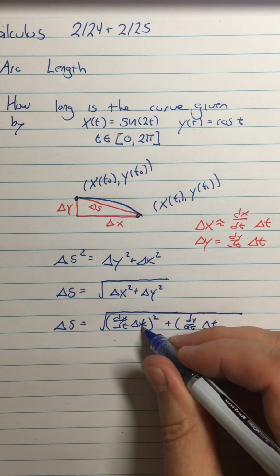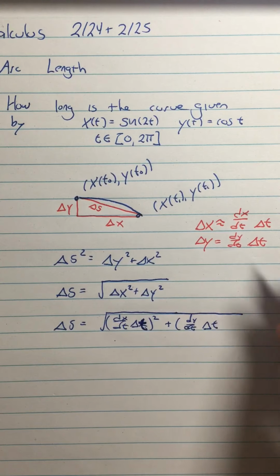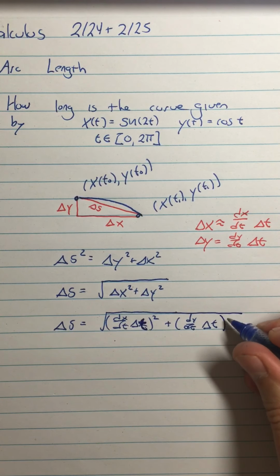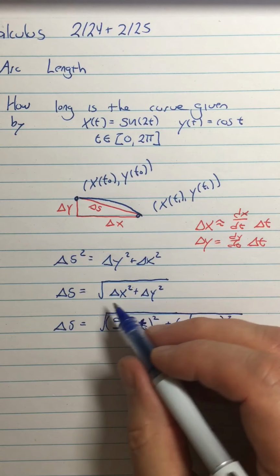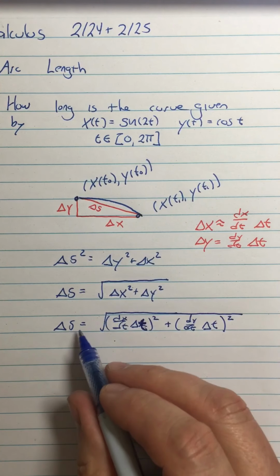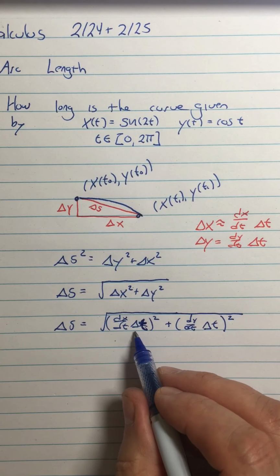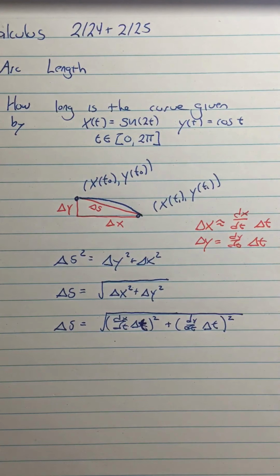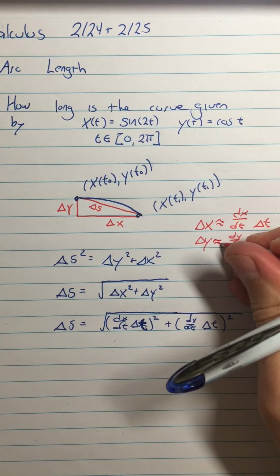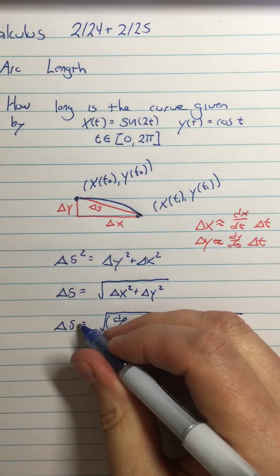This needs to be delta t squared. That's important. That's what delta s is. And these are really approximate at this point, because this statement is exact, but here I've replaced delta x with dx dt delta t. That's an approximation. These are both approximations, so this remains an approximation.